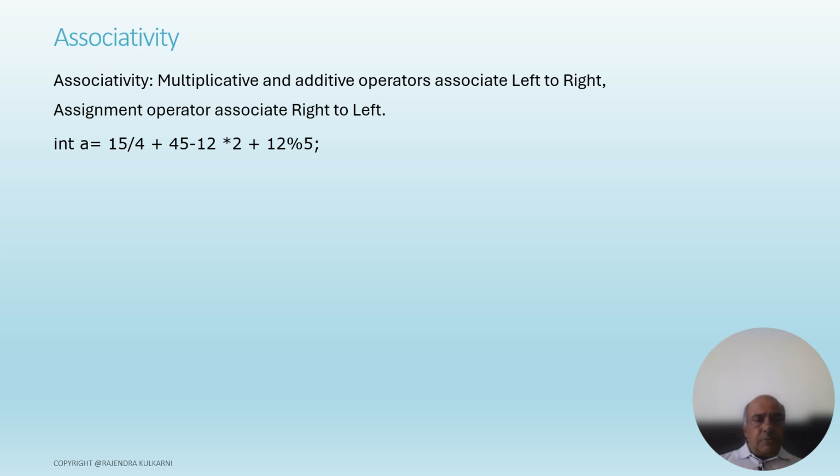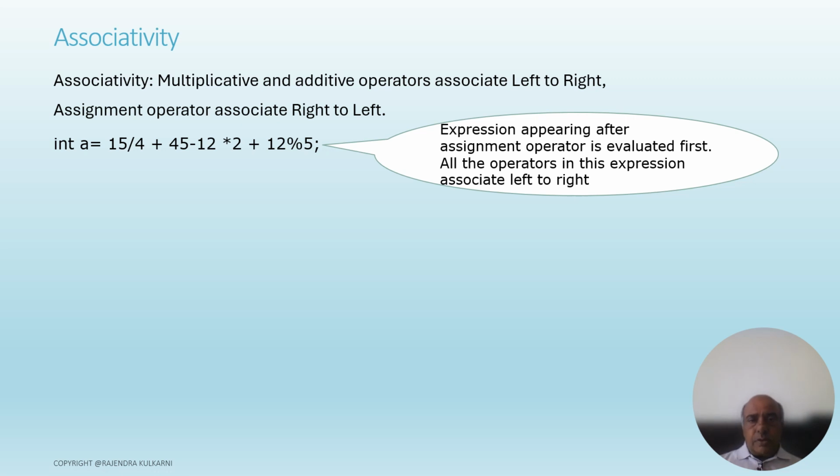Now the previous expression: int a is equal to 15 by 4 plus 45 minus 12 into 2 plus 12 mod 5. How will this evaluate? As we have seen earlier, the expression appearing after the assignment operator, this is the assignment operator, so whatever is the expression to the right of the assignment operator, it is evaluated first.